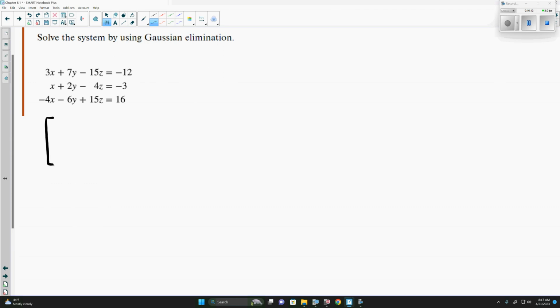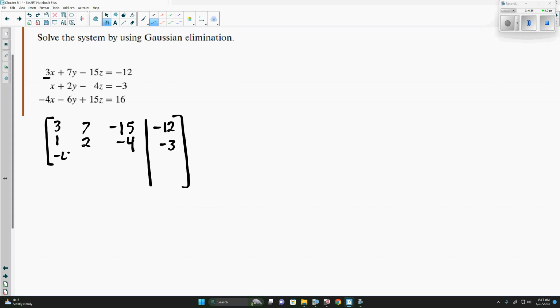So the first thing we're going to do is get this into row echelon form. So we're going to take the numbers in front: 3, 7, negative 15, bar, negative 12. Our second one is going to be 1, 2, negative 4, negative 3.